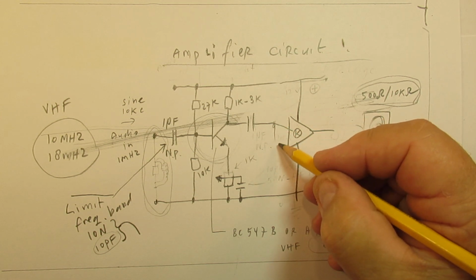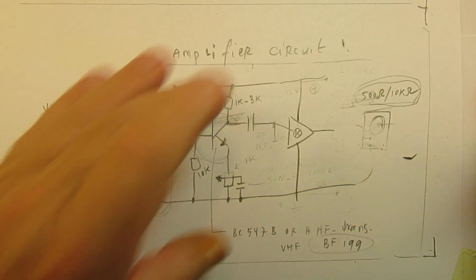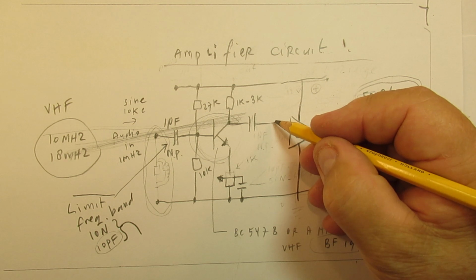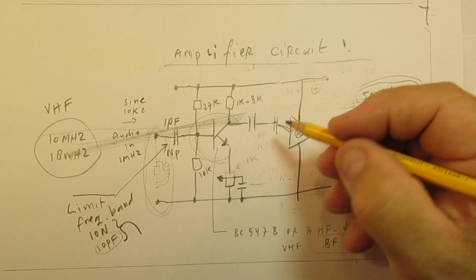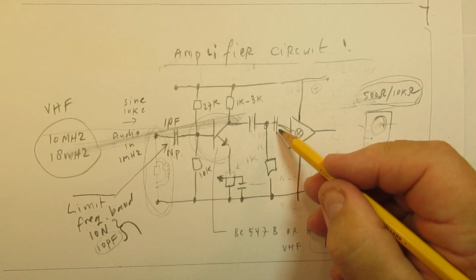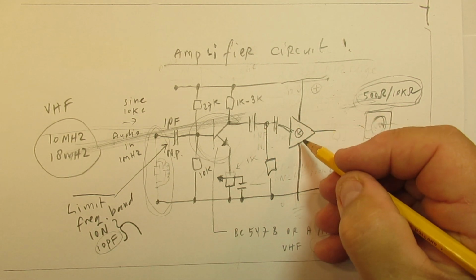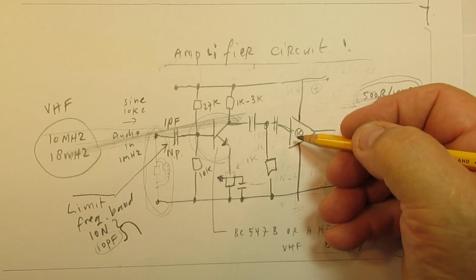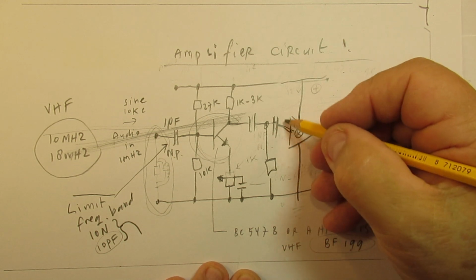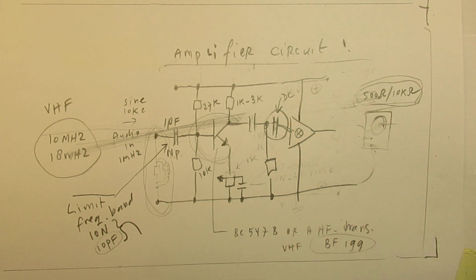But to keep it fixed, you can of course use a resistor here, and always important, don't shortcut your amplifier to ground. So use capacitor here, capacitor here. Now the input of the amplifier stage is not shortcut to ground because there is a capacitor here that blocks DC.